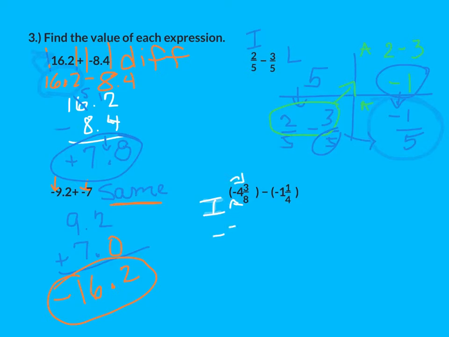So I've got -35/8 minus, I'm going to have a negative here. That negative should have gone on the inside. There we go. Okay, -1 1/4. So 1 times 4 is 4, plus 1 more is 5. So it's -5/4.